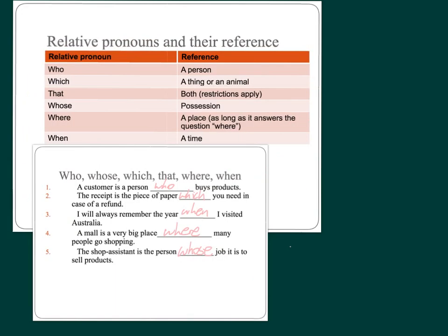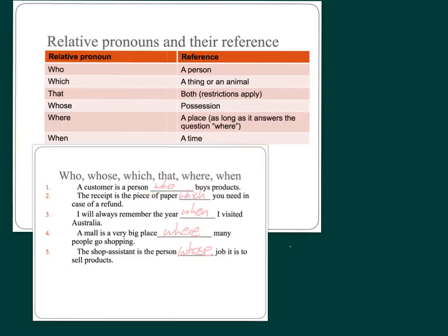And now this is a table where you can understand which relative pronoun we use according to the reference. The reference is always the word right before the relative pronoun, okay?